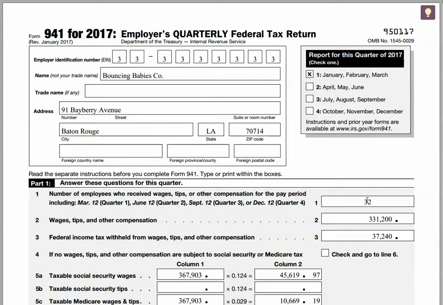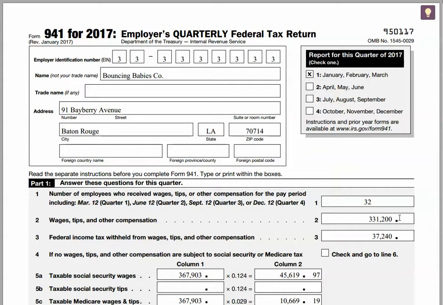So 32 employees total. And we want our total wages, tips, salaries, our total compensation goes in line 1. So we need to add our total compensation altogether, first quarter earnings. If we're looking at page 219, the first quarter earnings were $331,200, so that's what we're putting there.